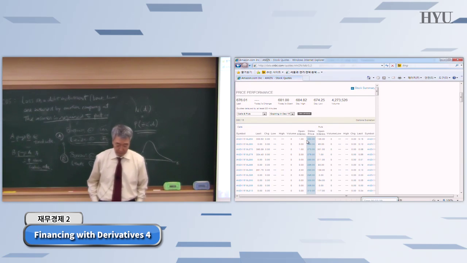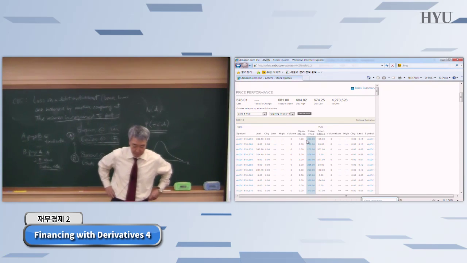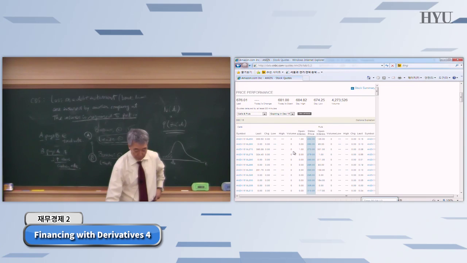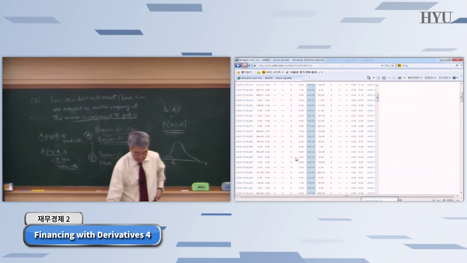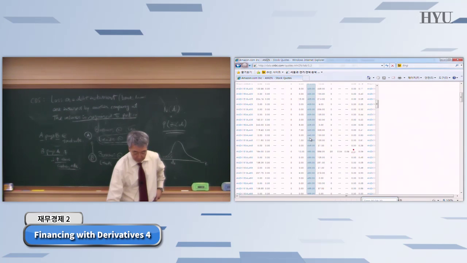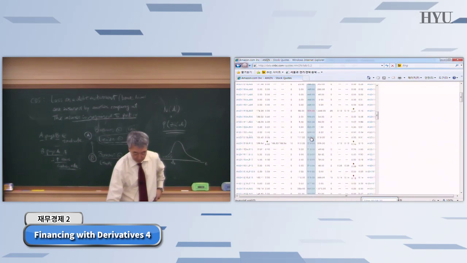Right now, Amazon price is $676, right? So, what happens here? Volumes are zero. I'm sure there are people who are willing to buy, but nobody is willing to sell, right? That's the story here, right? So, if you go down close to $670 strike price, you'll see a lot more action.